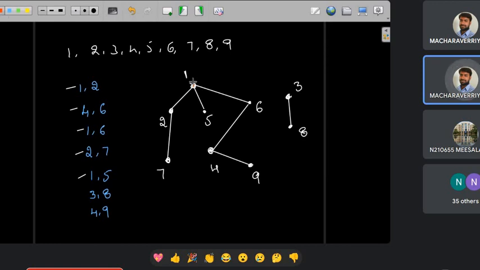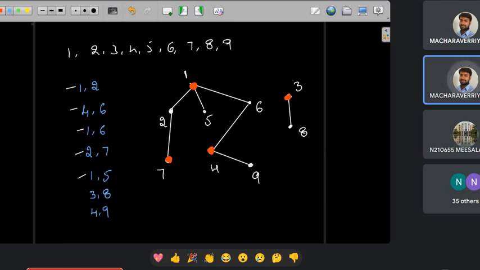Alright, so 3, 8. So now how do you assign colors? Initially you take one vertex, 1. You assign the color red. And I hope 7 can be assigned red color. Not only 7, 4 can be assigned red color. 4 or 9, anything. And 3 can be assigned red color.